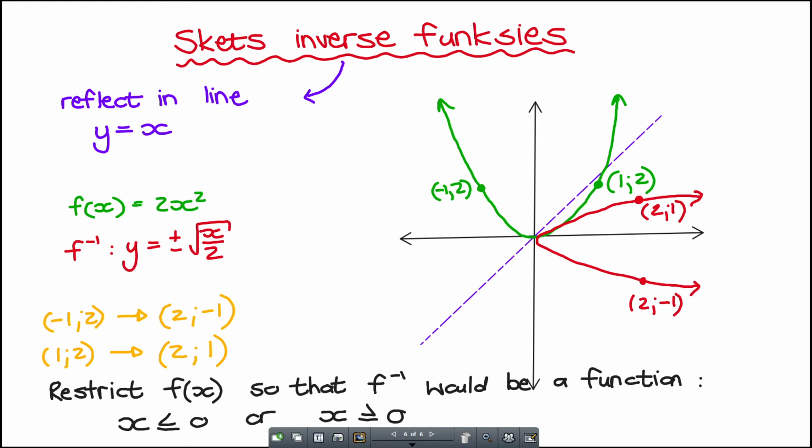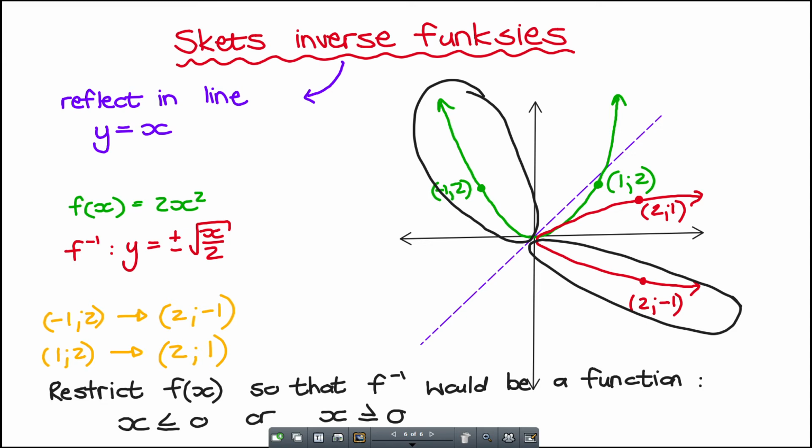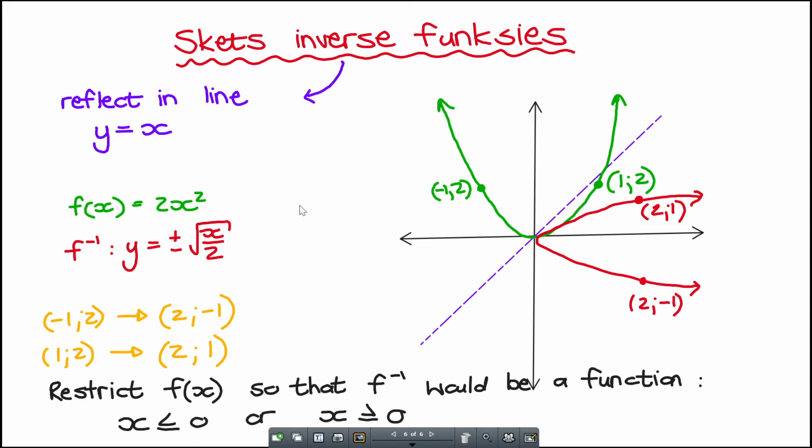Because when I say x must be less than 0, it means I'm talking about that arm. En toe ek hom gaan skets by die inverse, when I wrote or drew that part of the inverse, it was just this one arm. Do you guys see? Of as ek sê x moet wees groter as 0, then I'm talking about that arm.